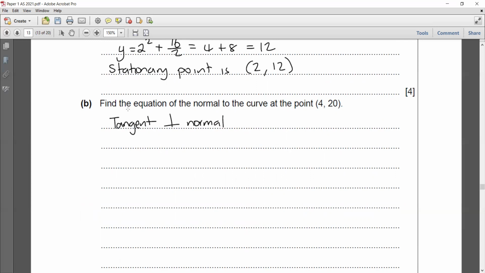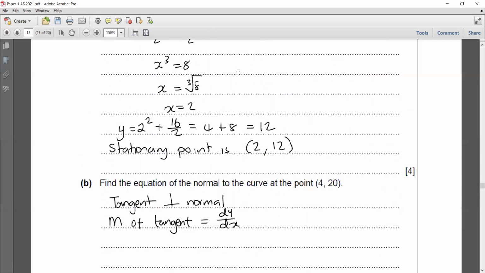So if we find the gradient of the tangent, we can always work out the gradient of the normal using the fact that their product is equal to -1. And the gradient of the tangent is equal to the derivative dy dx.